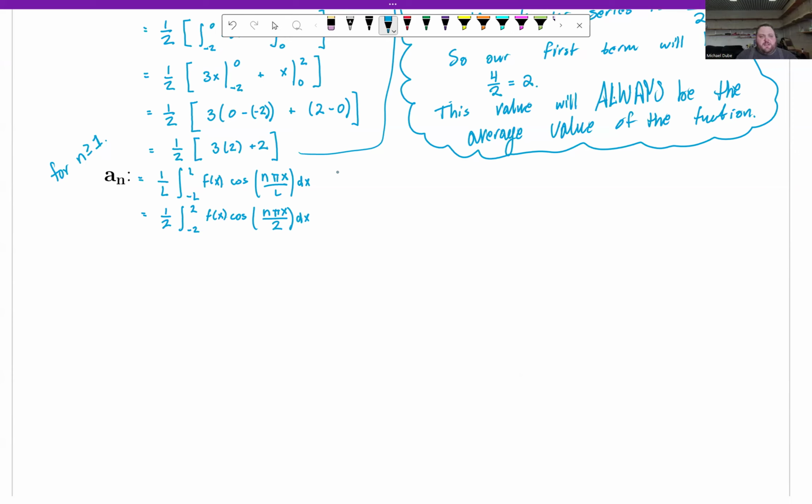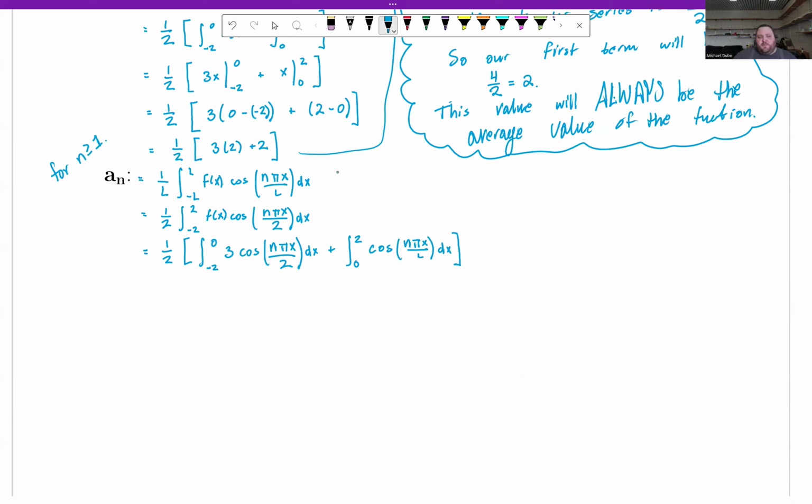Okay, good. And so now we're going to do the same thing, and break this apart based on our various heights. So we have 1 over 2 square bracket, and our first piece will be the integral from -2 to 0 of 3 cos n pi x over 2 dx, plus the integral from 0 to 2 of cos n pi x over L dx, and square bracket here.